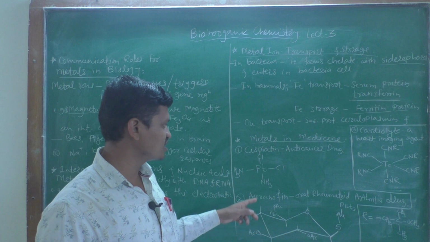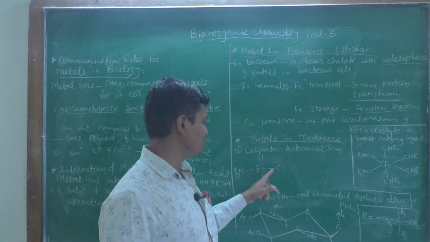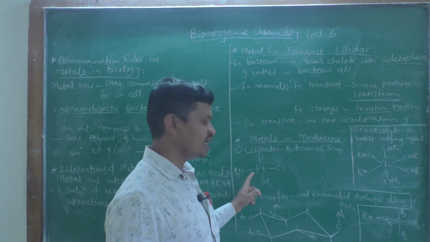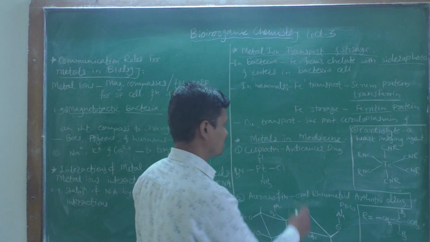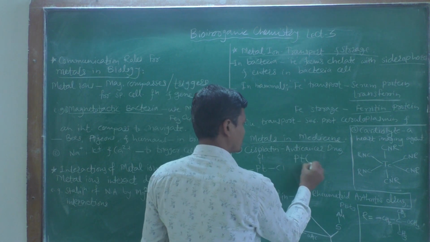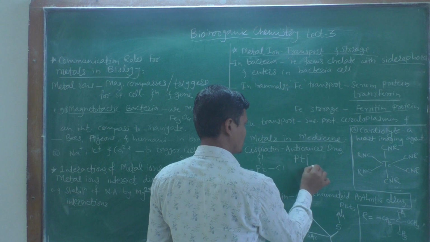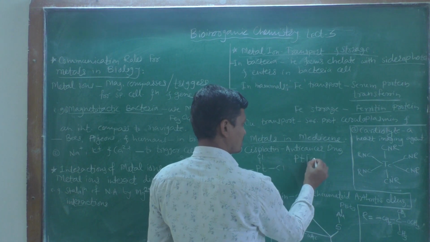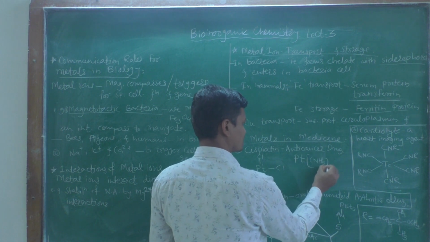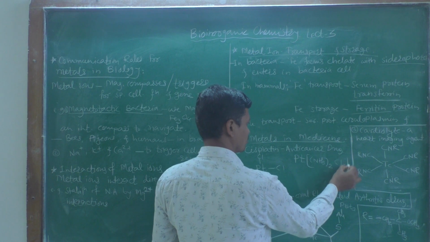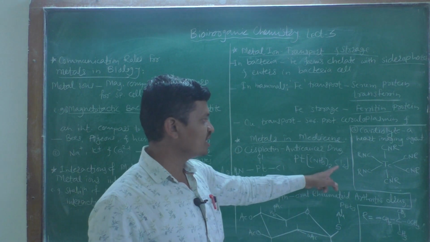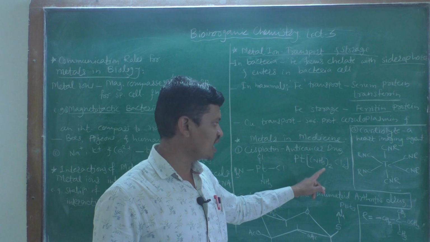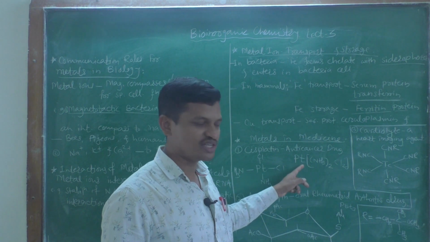The structure of this is PtCl2(NH3)2. It can be written as Pt in brackets, an inorganic complex, diammine (NH3) twice, Cl2, so diamminedichloroplatinum.